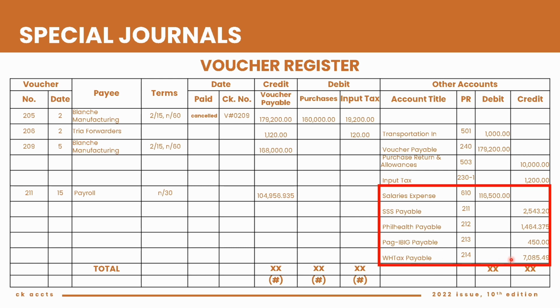Then withholding tax payable, 7,085.49. The withholding tax payable is taken from the withholding tax column in the payroll register. Okay? So, all of these are payable.